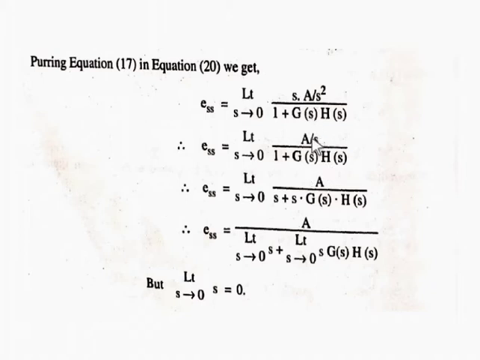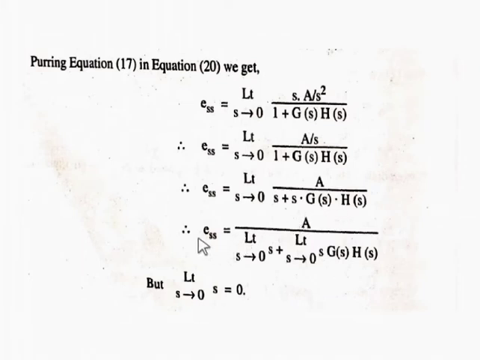If we multiply s in the denominator by the denominator terms, Ess equals limit s tends to 0 of A divided by 1 into s plus GsHs into s, that is s plus s GsHs. This A is the constant term, so this limit will be applied only for the denominator.